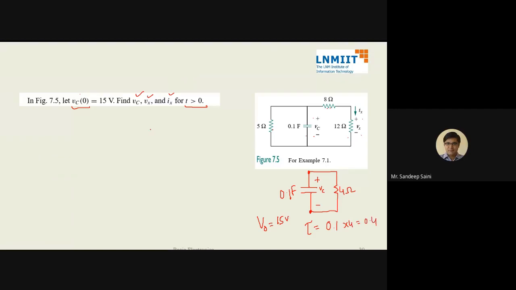So what is the equation of Vc of t? That is 15 e raised to power minus t by 0.4. Sorry, 15. Is this fine? Yes, sir.